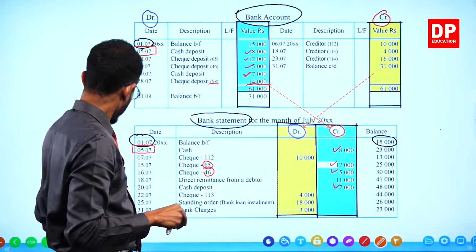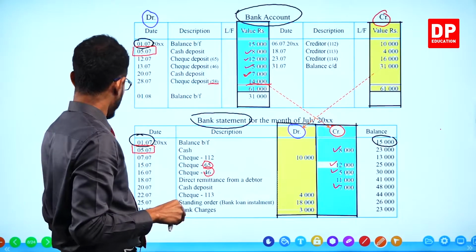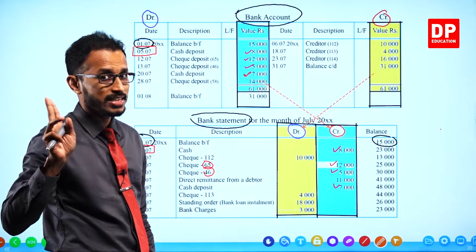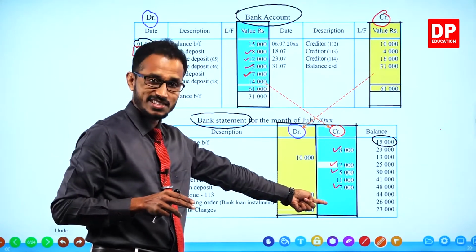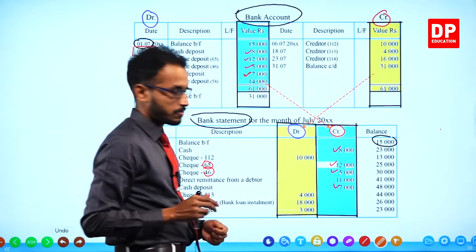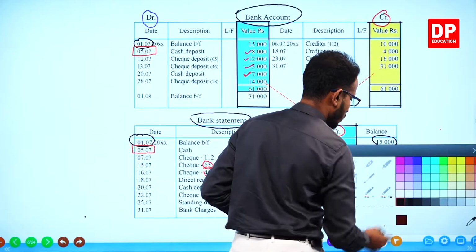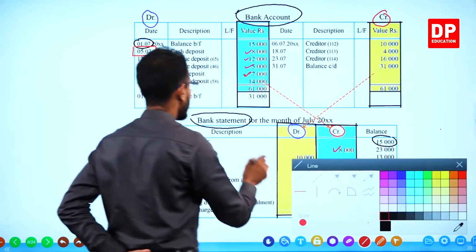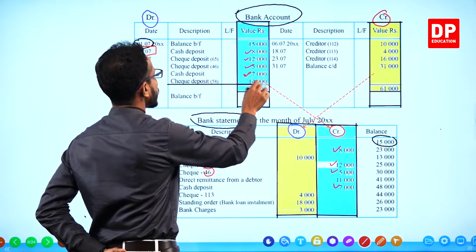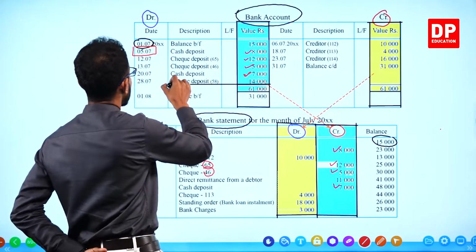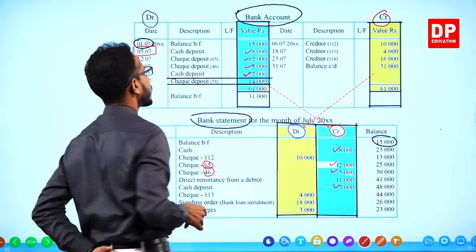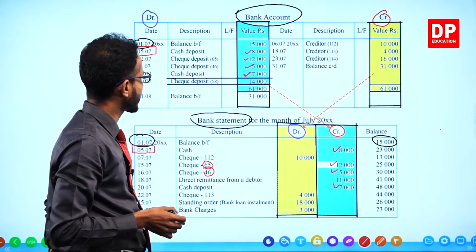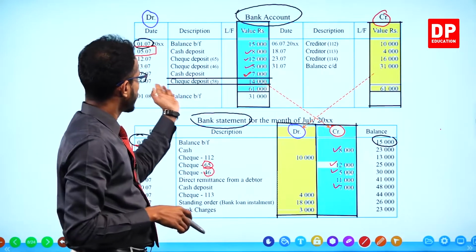What we have to do is not tick it, because it's not mentioned in the statement. We will underline it. Okay, 14,000 check deposit is not there, so I squared it.